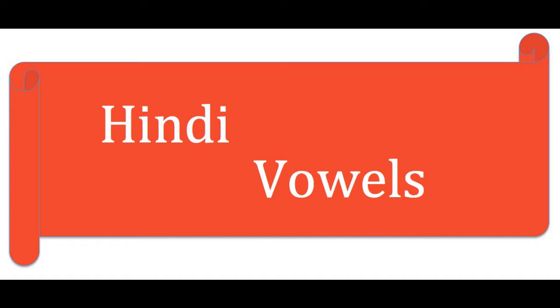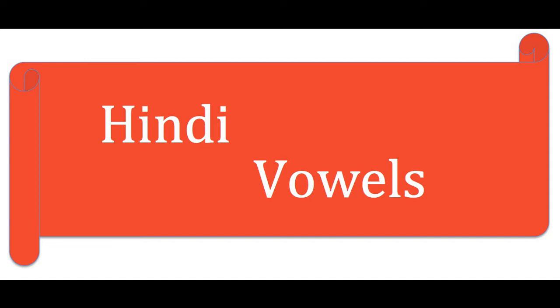Our focus today will be on Hindi vowels, how you actually say each of these vowels, and the correct way to write it. So there are a total of 12 vowels in the Hindi language as opposed to 5 vowels in English. However, you will see some similarities between the Hindi and English vowels.